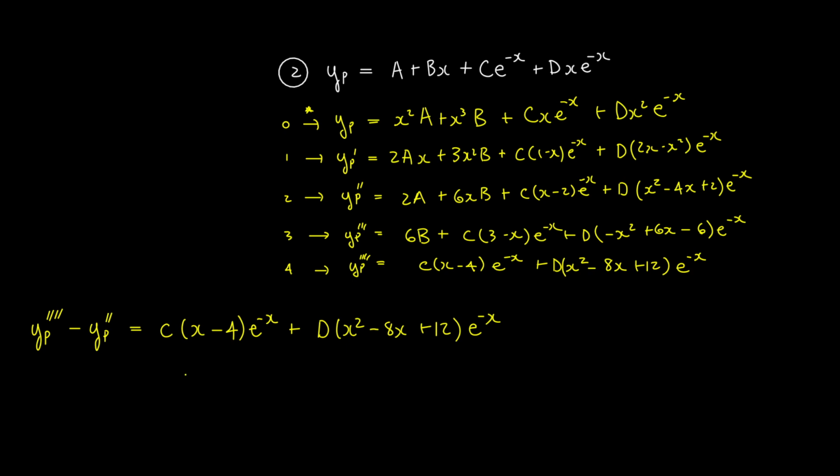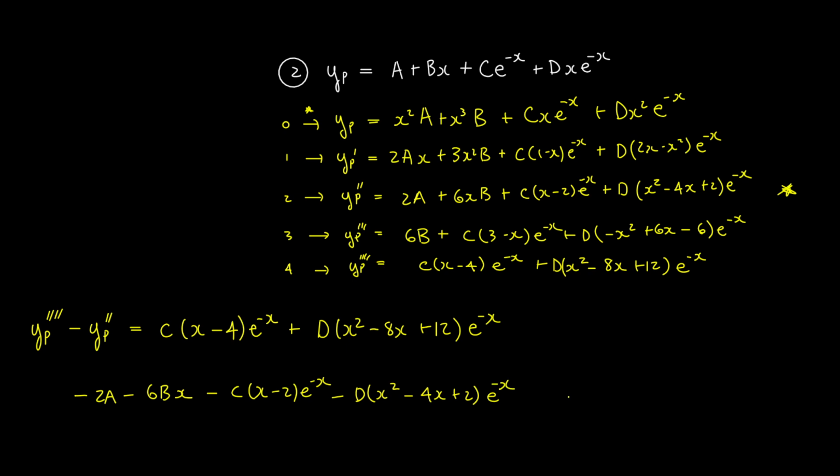So subtracting the second derivative will just give us a negative 2a, negative 2a minus 6b, so I'm just subtracting the second derivative here. So minus 6bx minus (cx - 2)e^(-x) minus (dx^2 - 4x + 2)e^(-x).